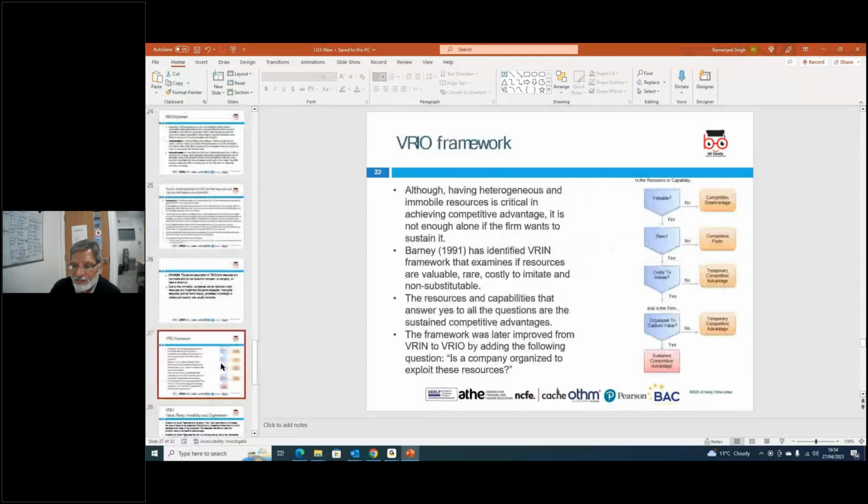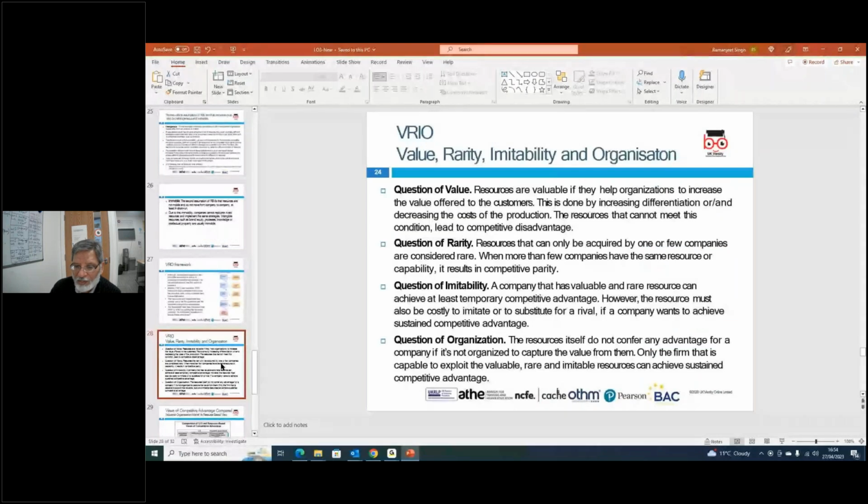Okay, you can use the VRIO model, which is based on value, rarity, imitability, and organization. Value means resources are valuable: how valuable are your products, how rare are they, how imitable are they, can other organizations imitate your products, and so on.